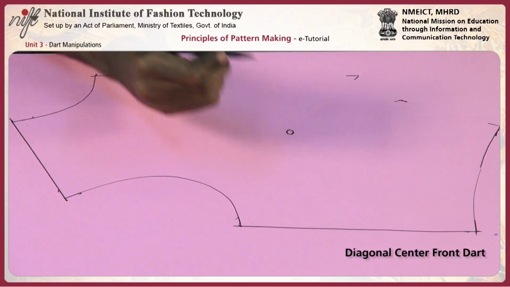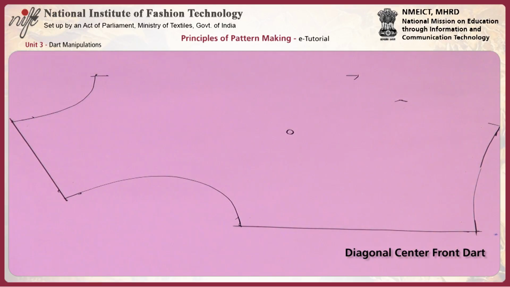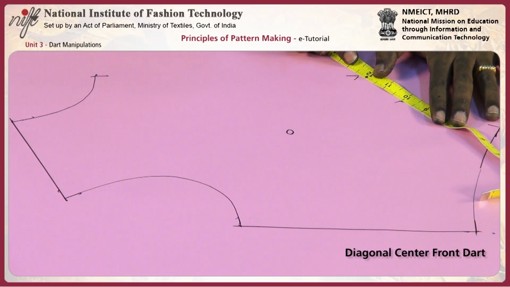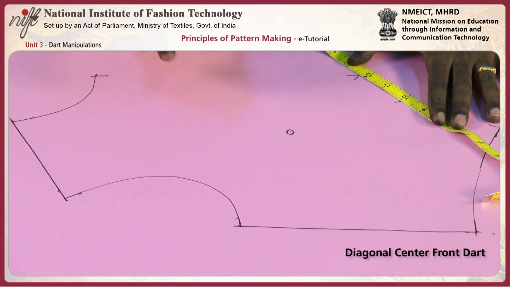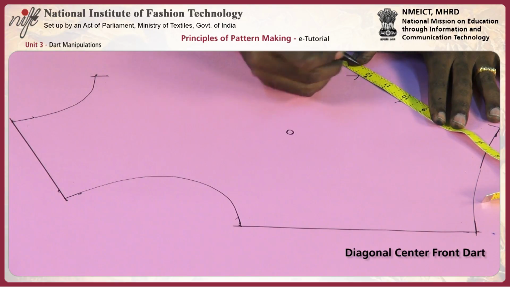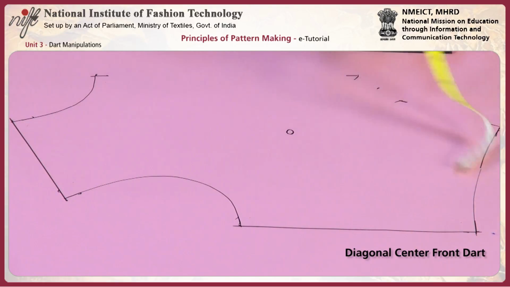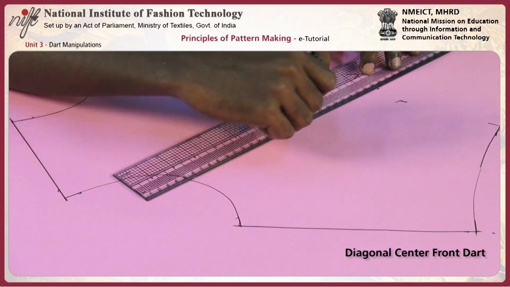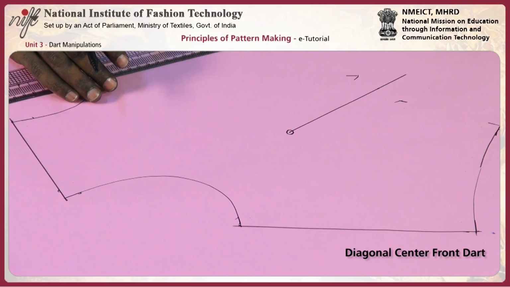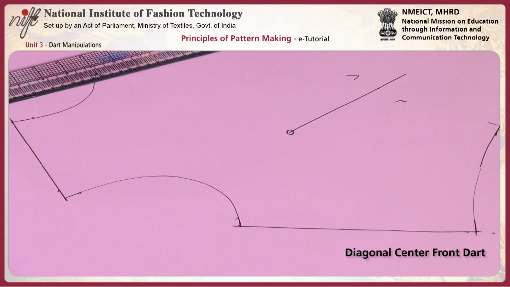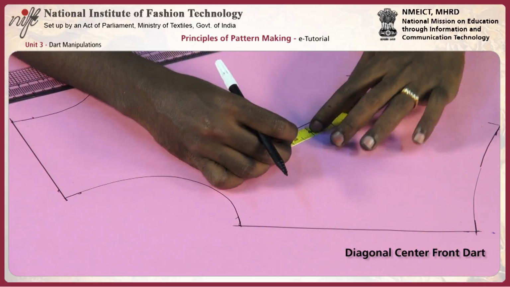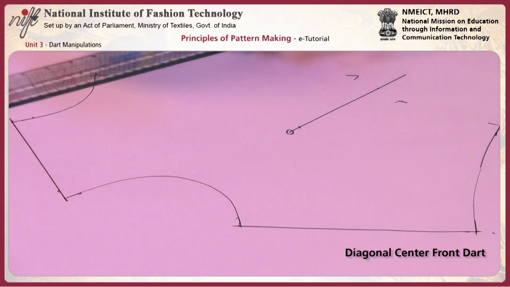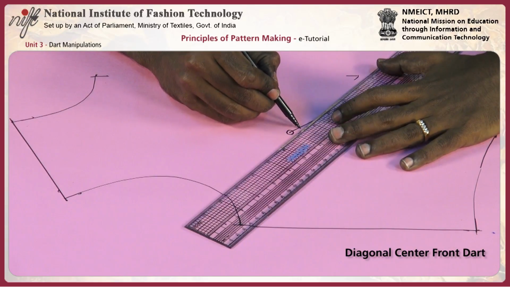Mark the bust point. Mark the midpoint of the dart. Connect to the bust point. Mark half an inch away from the bust point. Then connect the dart legs.